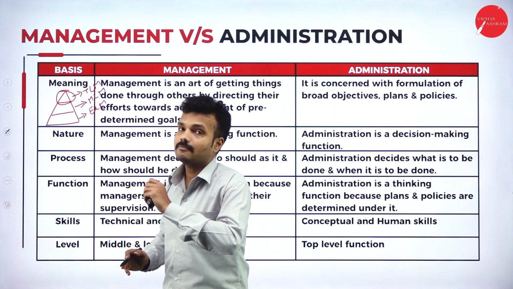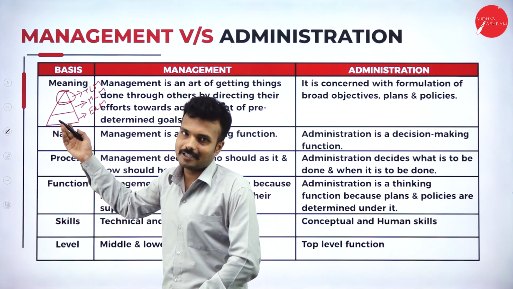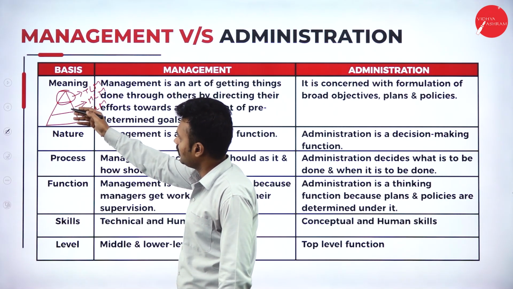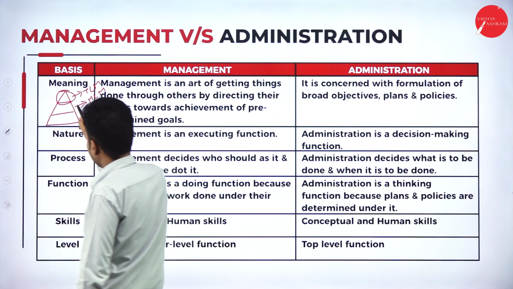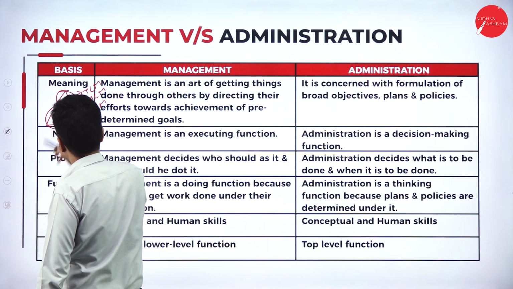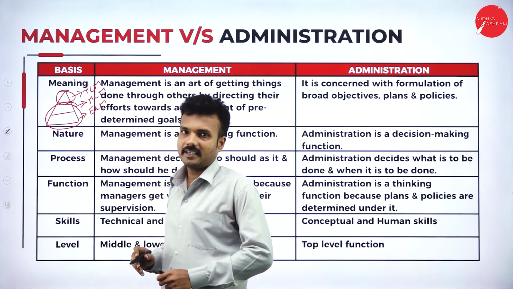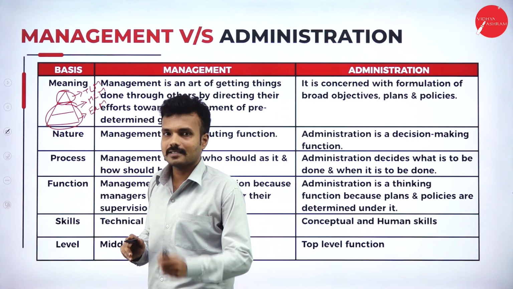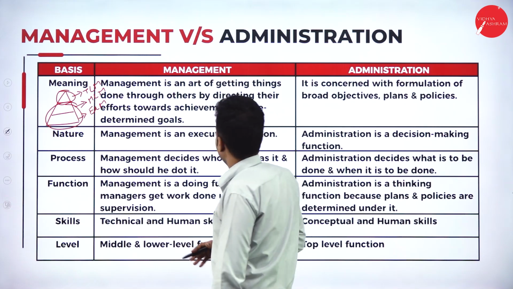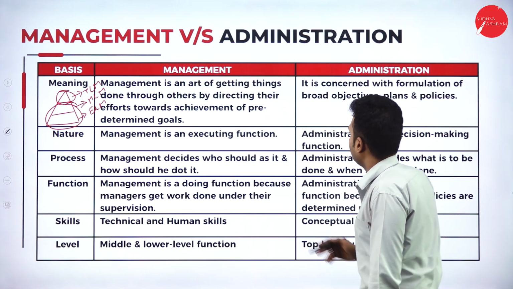That top level management we call administration. So this middle level or the executive level management we call management. So this top level we call administrative management, this middle or the executive level management we call management. So we shall go with the meaning of administration.